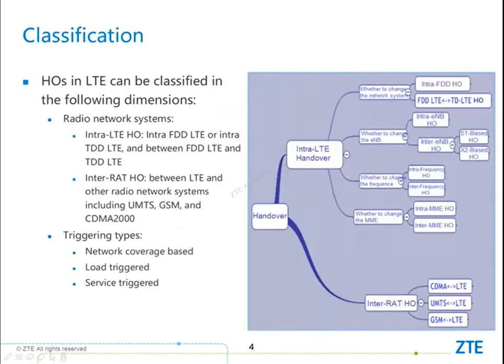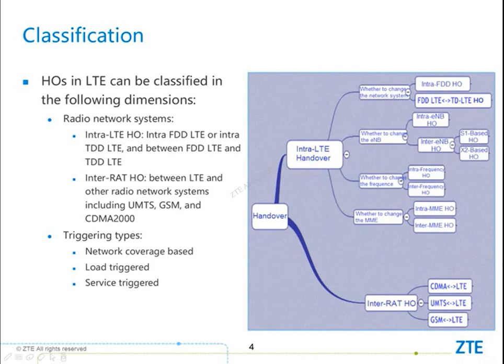Okay, we can see the classification of LTE handover. From this slide, we can find LTE handover has two types. The first type is intra-LTE handover. The second type is inter-RAT handover. Intra-LTE handover means the handover just happens in the LTE system.